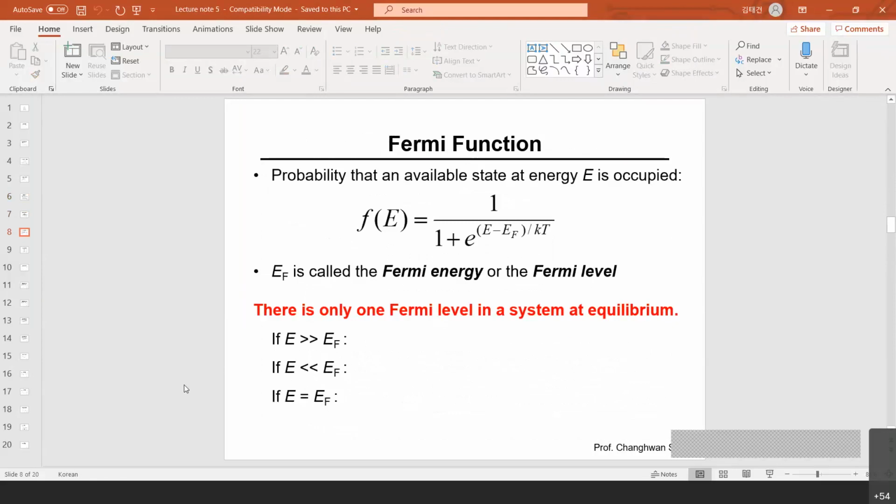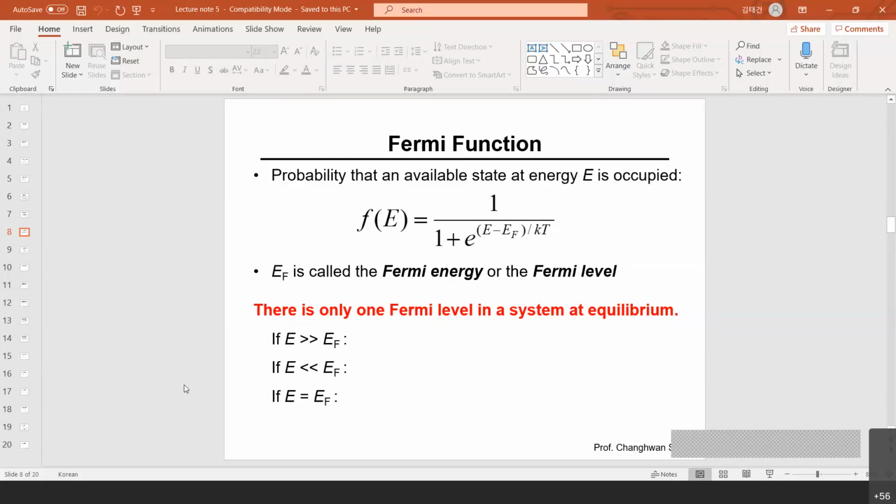And the Fermi function. Last lecture, I mentioned that the role of the Fermi function is to give us some idea, to give us the number, of how likely an energy state is filled with an electron. Suppose there is a single energy state which is empty, vacant, and at a certain time electron-hole pairs are created, and an electron from the pair would like to fill the empty energy state.